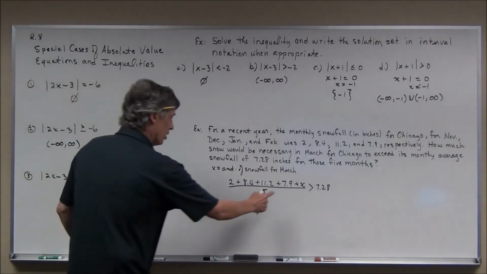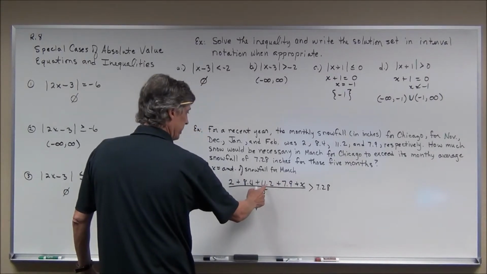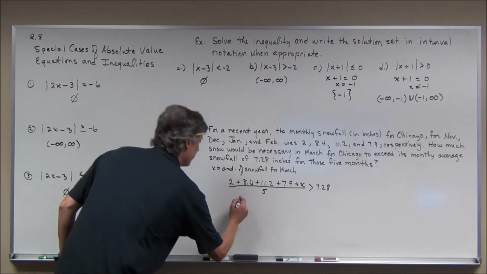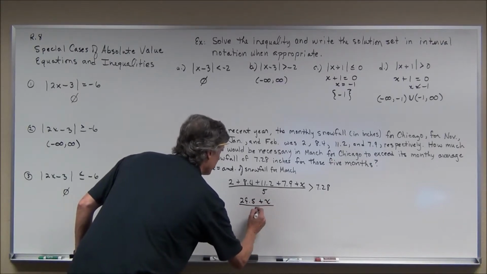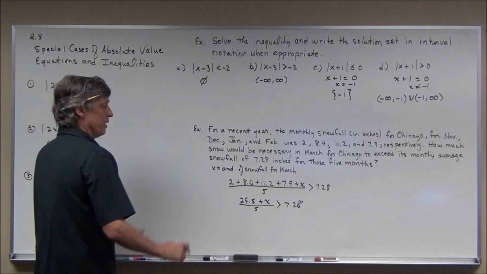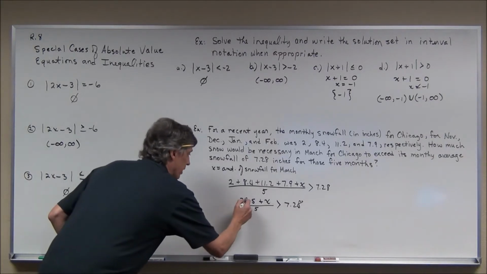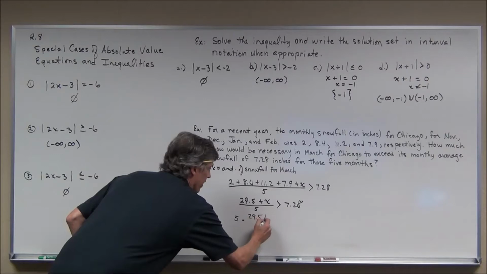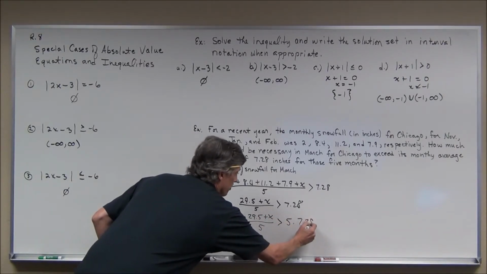Now I'm going to add all of these numbers up here. Let's see if I can do this in my head. 7.9, that'd be 18, 19.1, 19.5, 27.5, 29.5 plus x divided by 5 is greater than 7.28. I'm going to multiply both sides by 5, and because I'm, again, starting to run out of space here, I'm going to have to write a little smaller than I would choose to. So 5 times 29.5 plus x over 5 is greater than 5 times 7.28.